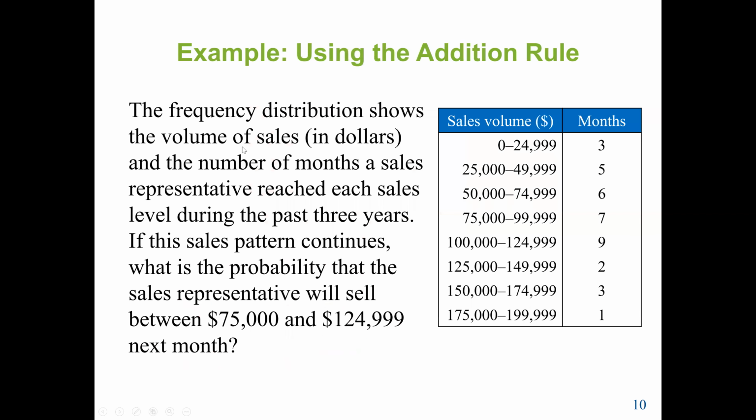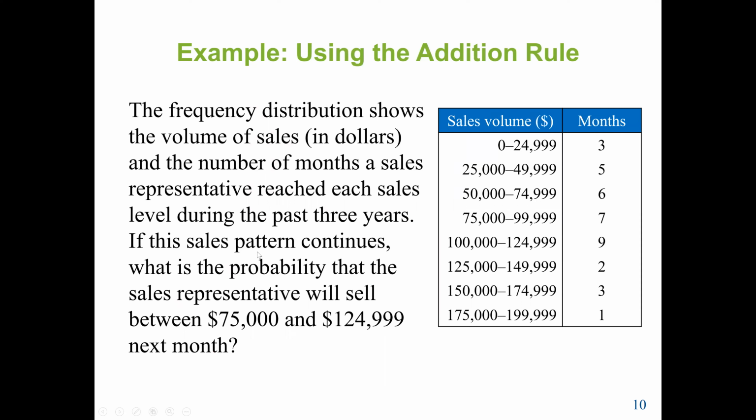Now let's try another example using the addition rule. Here they say a frequency distribution shows the volume of sales in dollars. So the first column is sales volume in dollars, and also the number of months a sales representative reached each sales level during the past 3 years. So the values in the second column are the months.